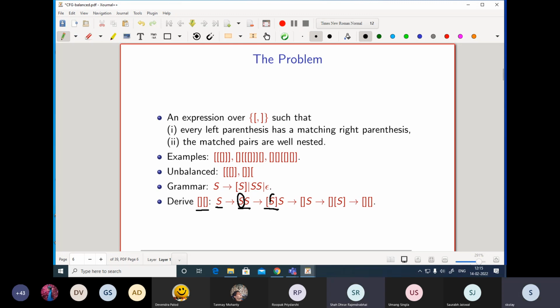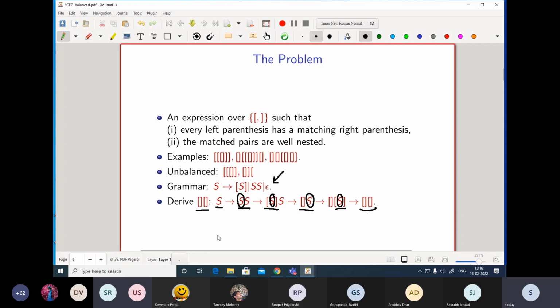Then again you consider this first S and replace it by epsilon. So you get a left bracket, right bracket followed by S. Next, you take this S and replace it by left bracket S right bracket. And finally, you take this S and replace it by epsilon to get one left and right bracket followed by another pair like that. So this can be a derivation from this particular grammar.